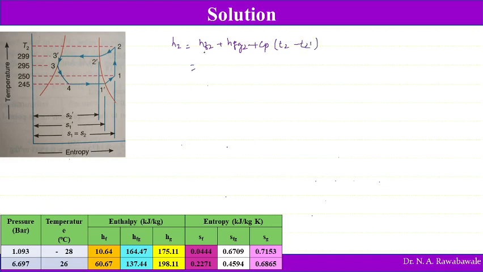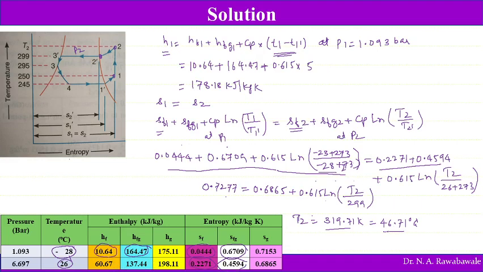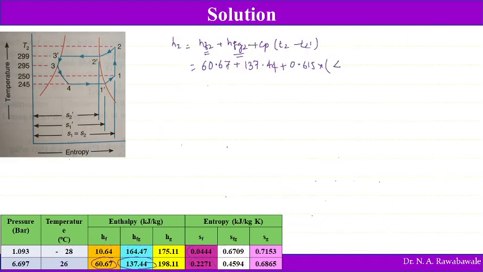Now HF2 can be taken at temperature 26, this is 60.67, plus HFG2 is 137.44, plus CP is 0.615 into T2, which we just calculated in degrees Celsius as 46.71, minus T2 dash.